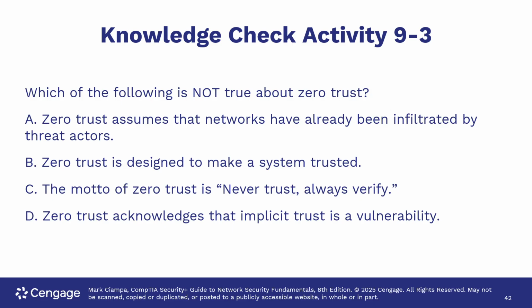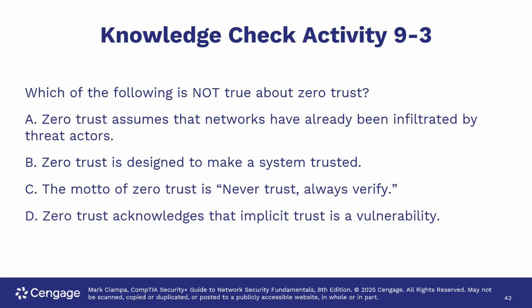Okay, so let's talk about our knowledge check activity, number 3 here. Which of the following is not true about zero trust? Remember, zero trust is like someone saying, I don't trust you, I don't trust anybody, I don't trust anything. A: Zero trust assumes that networks have already been infiltrated by threat actors.